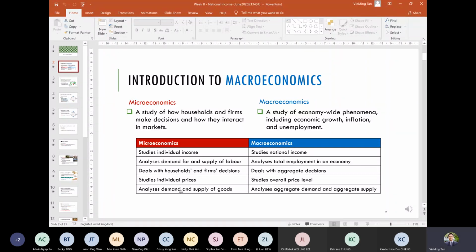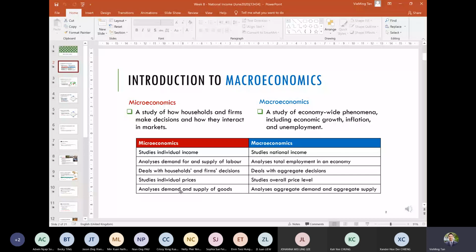For macroeconomics, there are 3 issues that we are going to focus on, which are economic growth, followed by inflation, and followed by unemployment. We are going to study these in more detail in the next chapter. These are the 3 major macroeconomic issues that a country has to address from time to time. So far so good.